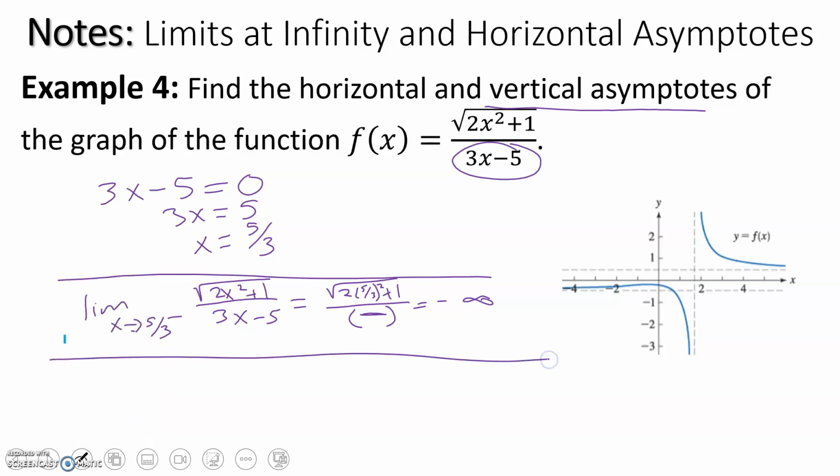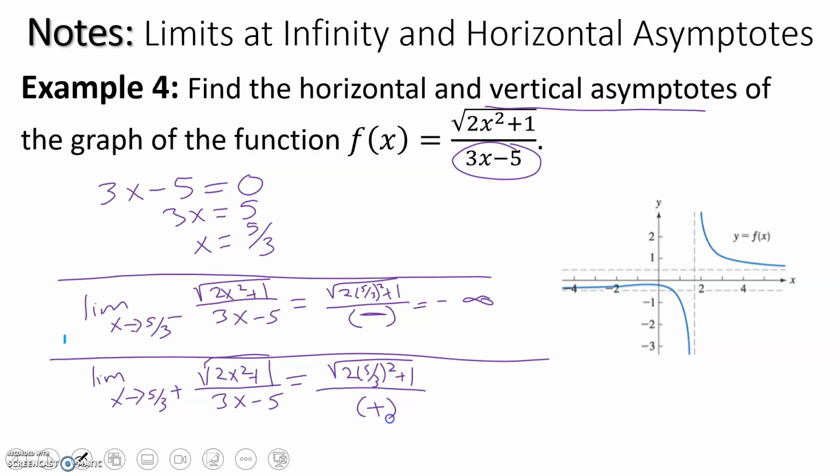All right. Now, if I repeat that process, but from the other side, so 5/3 from the right, and we've got this function, square root of 2x squared plus 1 over 3x minus 5, essentially the same thing happens. The numerator will be some constant, right? This constant specifically, and the denominator will come out a really small positive.